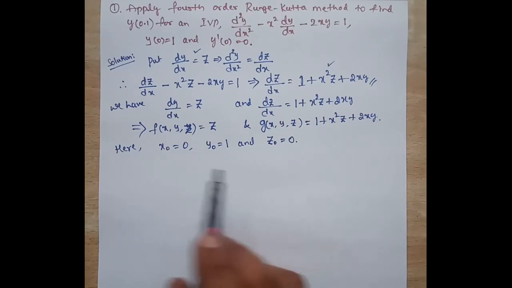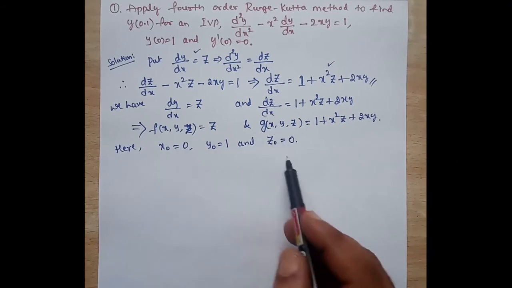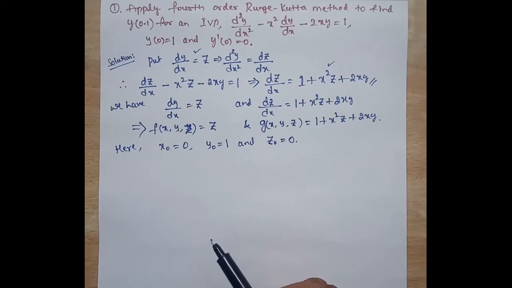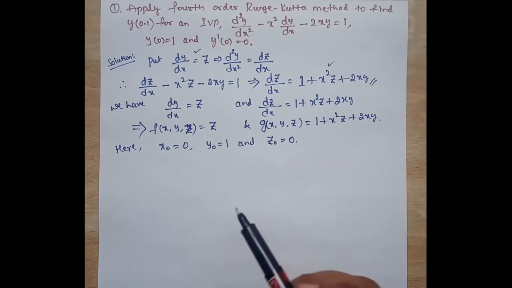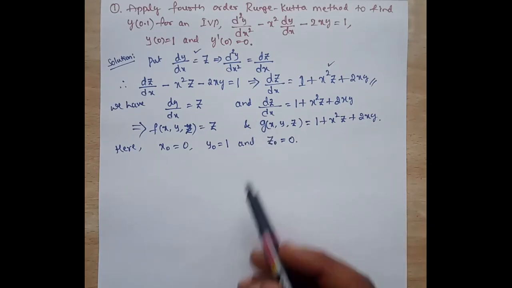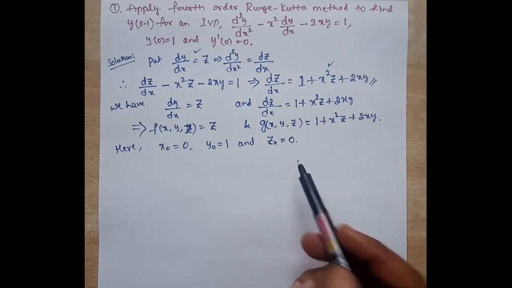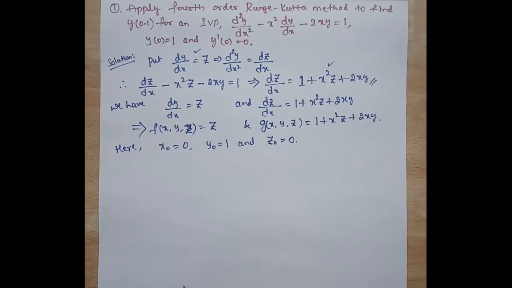Right? So we have F here, G here, initial conditions. So this is the required data to solve a problem in fourth order Runge-Kutta method. So you have to reduce your second order differential equation to first order like this, take F and G, rewrite the initial conditions, then start applying the method.